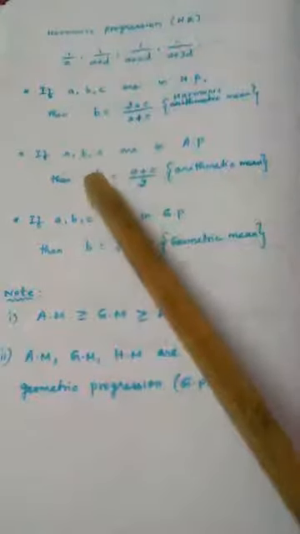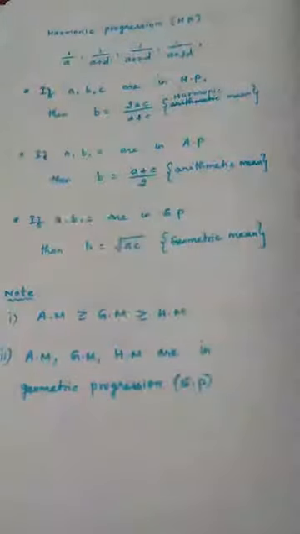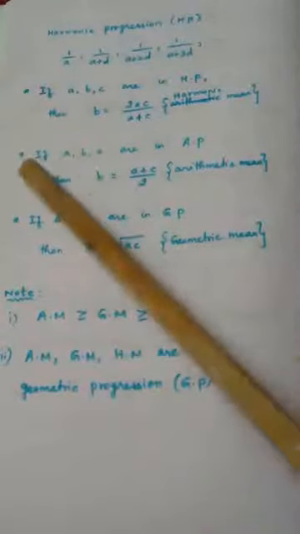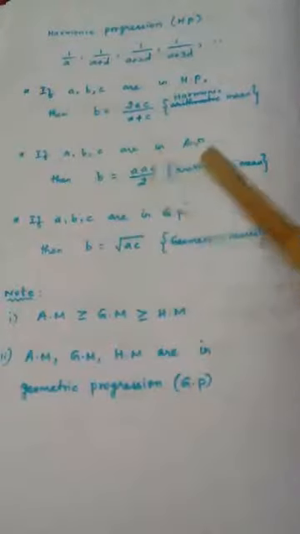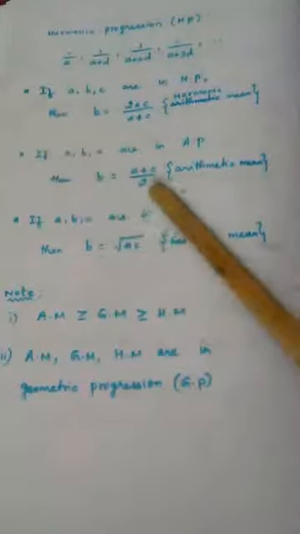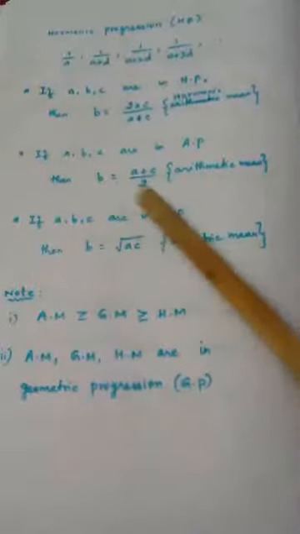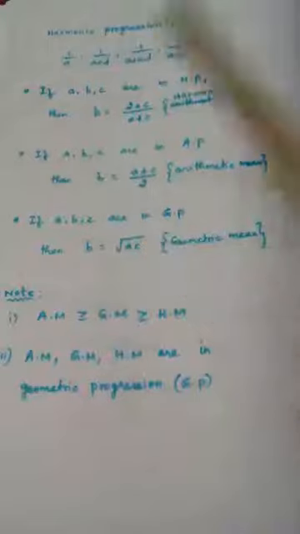This b is called the arithmetic mean of a and c. I repeat, if a, b, c are in AP, then b can be written as (a plus c) by 2. This you have studied in your 10th standard also as a condition: 2b is equal to a plus c. That is the condition for AP.